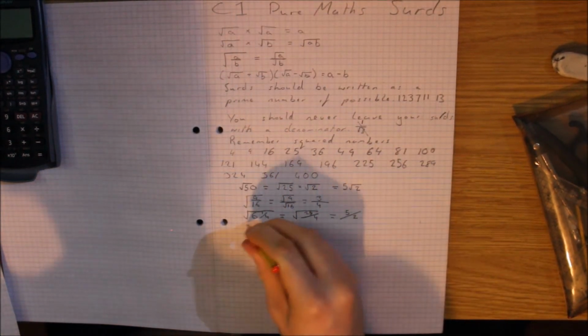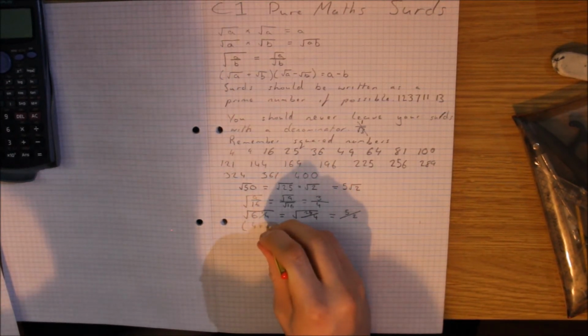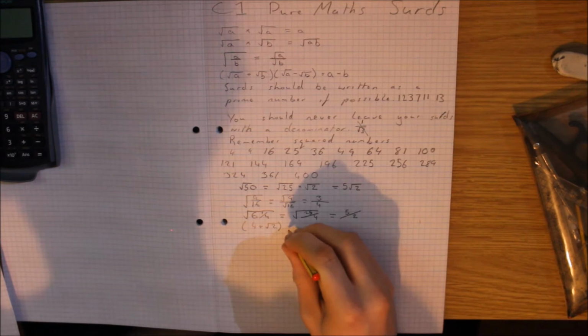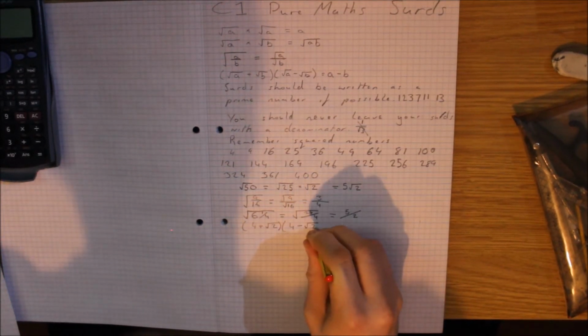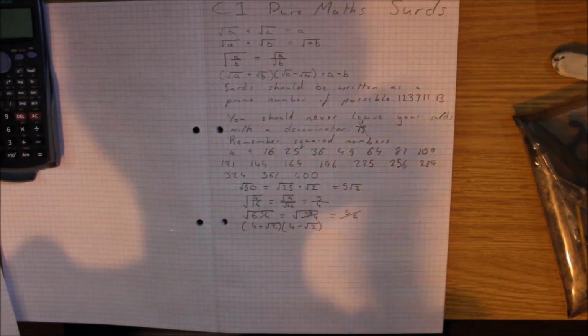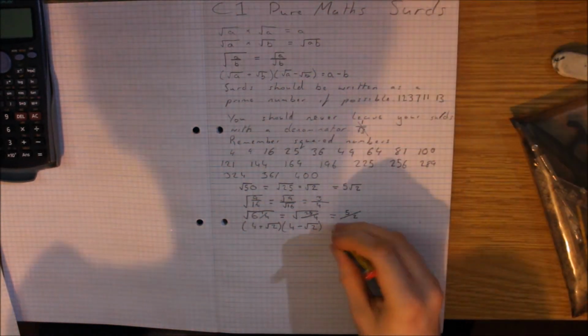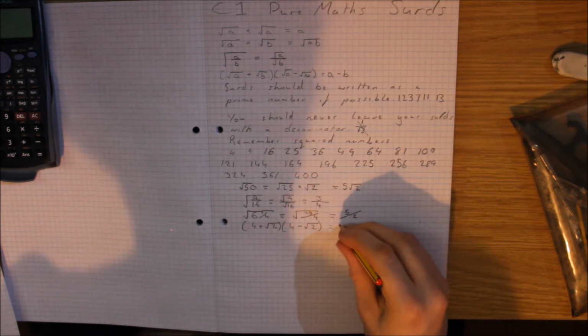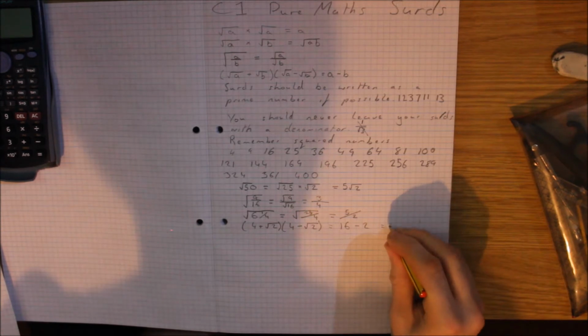The next one: 4 plus root 2 times 4 minus root 2. Well, we're essentially just following this rule here. So we can instantly say that that is equal to 16 minus 2, which equals 14.